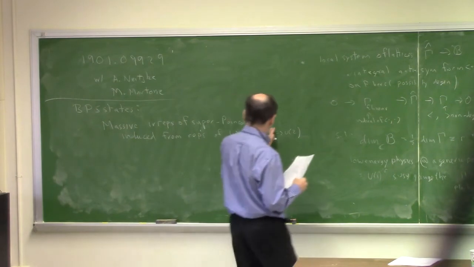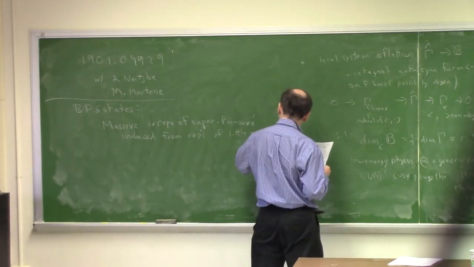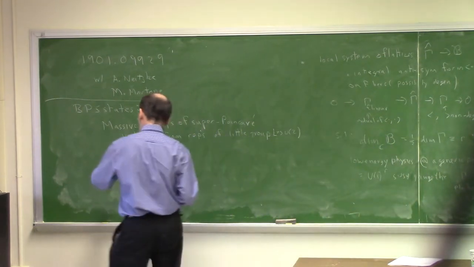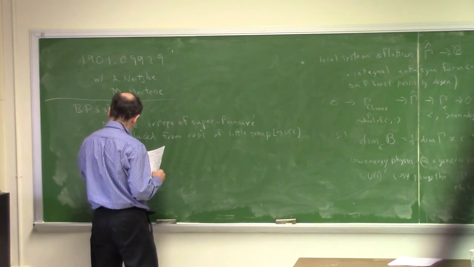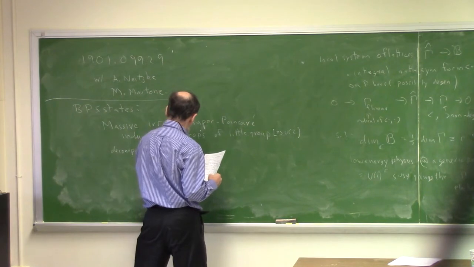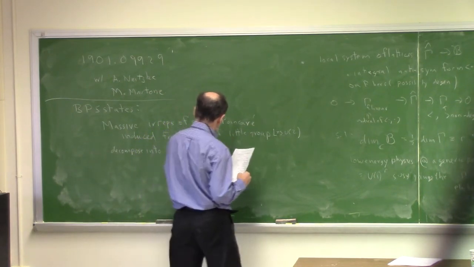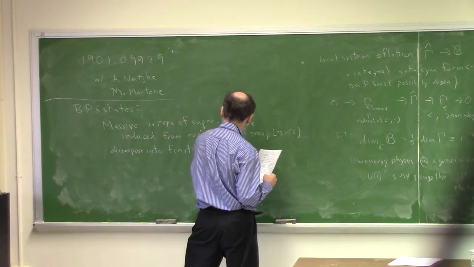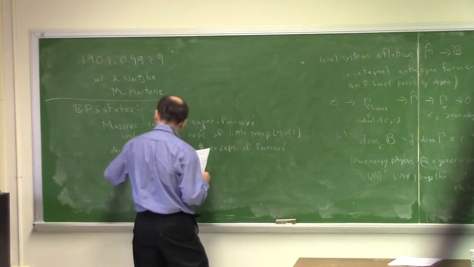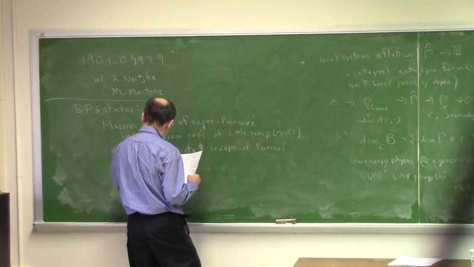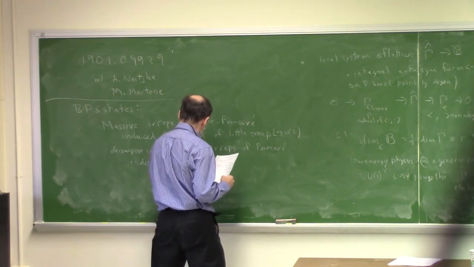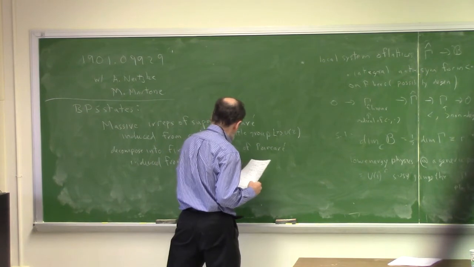But let me actually give this a name, L, which in 4 dimensions is SU2. And they decompose into a finite number of irreducible representations of ordinary Poincare, which are induced from irreps of L in the same way.